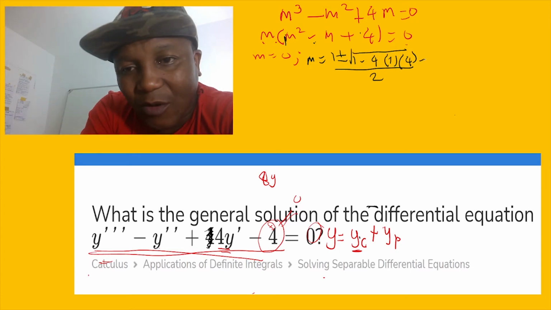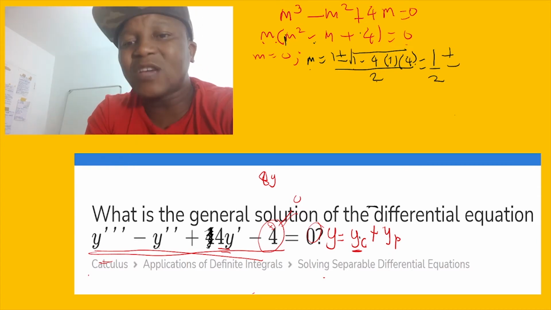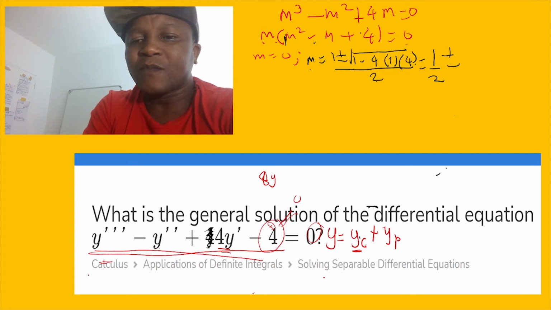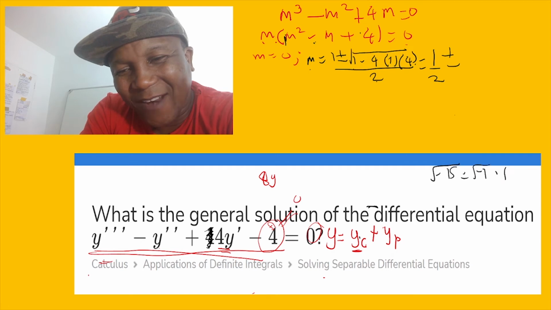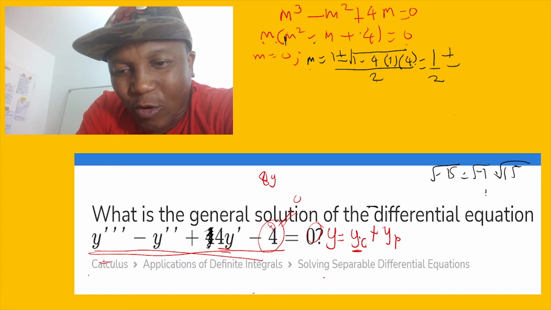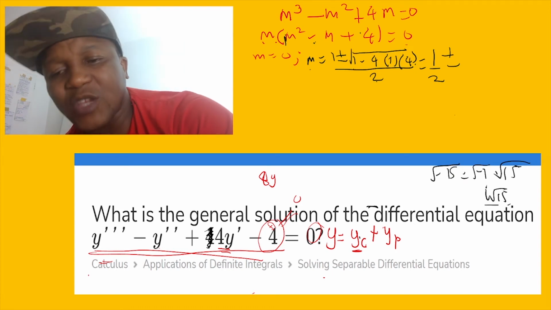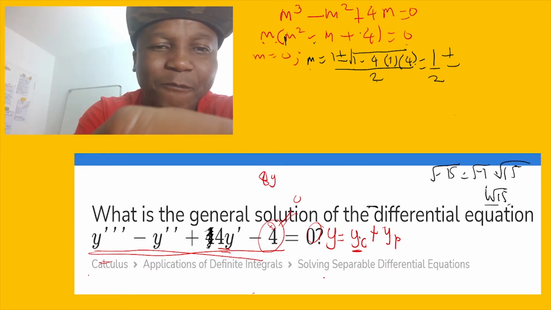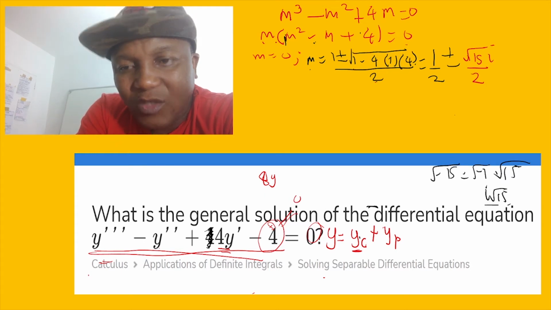So for that case, this is going to give us m equals 1 over 2, plus or minus the square root of 1 minus 16, which equals negative 15. So negative 15 here. This is going to be the square root of negative 1 times 15. The square root of negative 1 is going to be I or J, depending on what you prefer. Some books or students use J. I like I. So I'm going to say the square root of 15 I, all over 2, because it's for both.